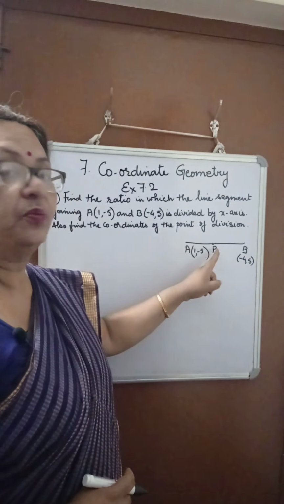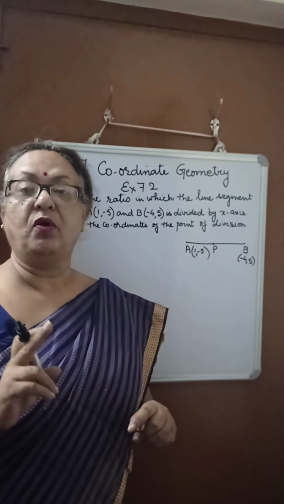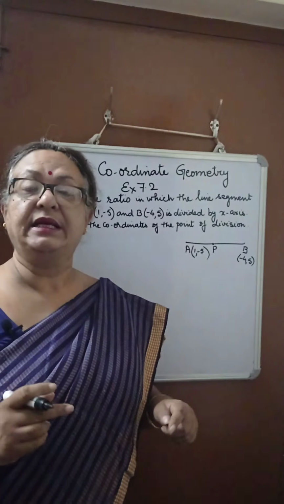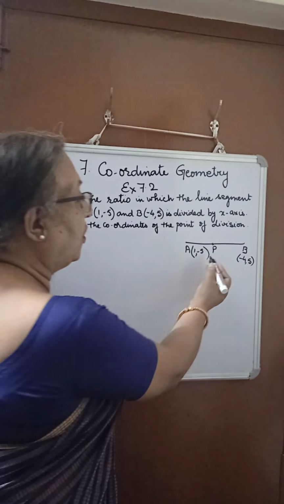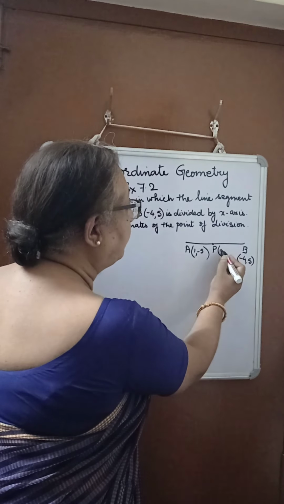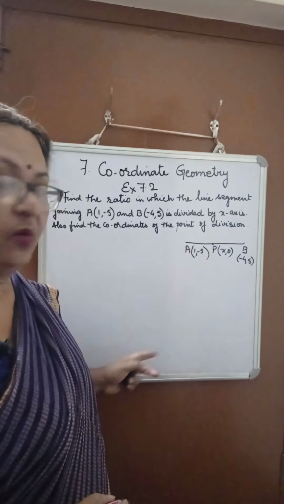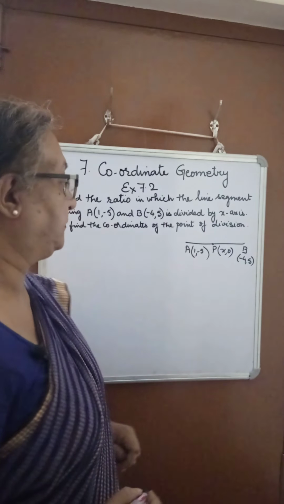That means this point lies on the x-axis, and any point on the x-axis is of the form (x, 0), that is, its y coordinate is 0. So the coordinates of P will be of the form (x, 0). Clear? Why? Because it lies on the x-axis.